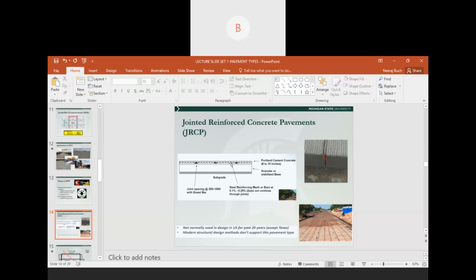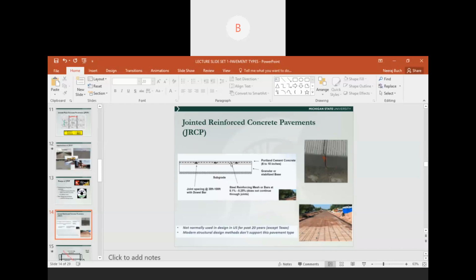The joint spacing in JRCP is much longer than the joint spacing in JPCP. The joint spacing can be anywhere from 9 to 10 meters to 20 meters. So it's a much longer joint spacing as compared to the 3.5 to 5 meter joint spacing that I mentioned in jointed plain concrete pavement. So that is one big difference.